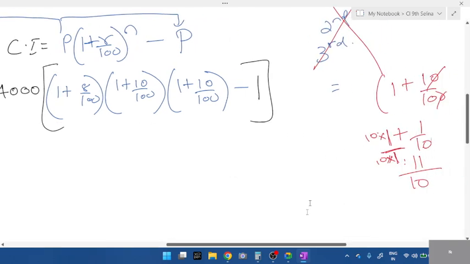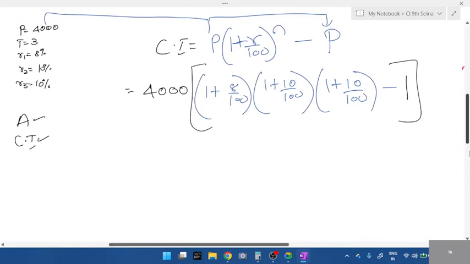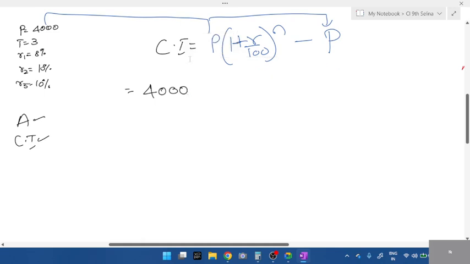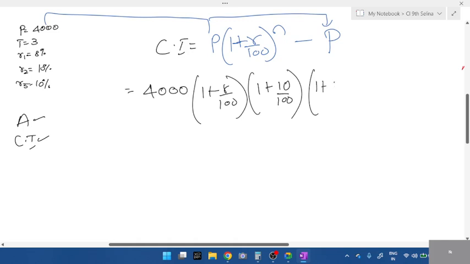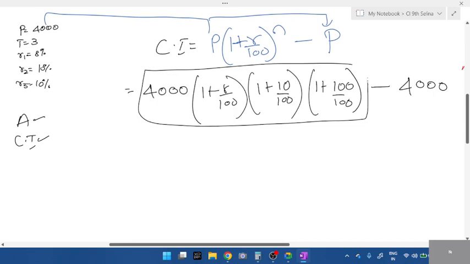So don't use minus 1. To reduce the calculation part, I can use this formula. P into (1 plus 8 by 100), (1 plus 10 by 100), (1 plus 10 by 100), minus what, students? Minus 4,000. So first let us solve this part. What do you all get?